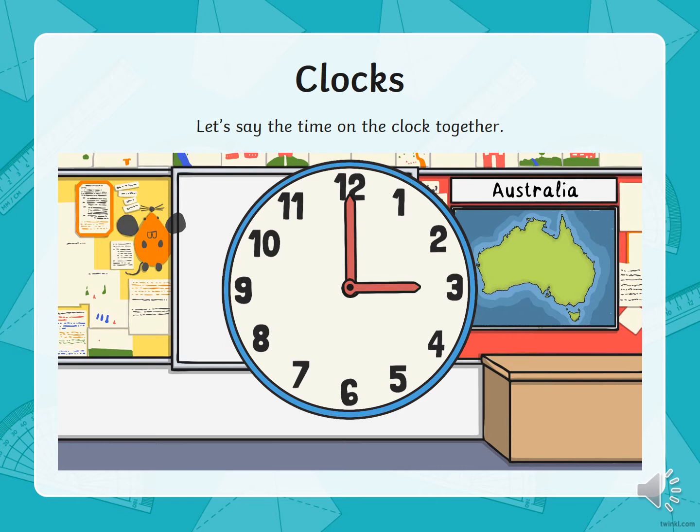If you said 3 o'clock, you were right. 4 o'clock. And why is it 4 o'clock? Because the hour hand is on the 4 and the minute hand is on the 12. Good job.